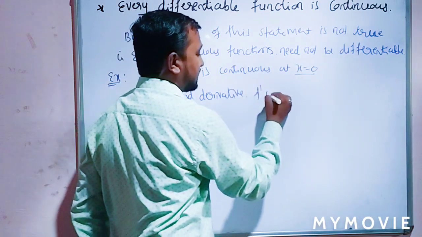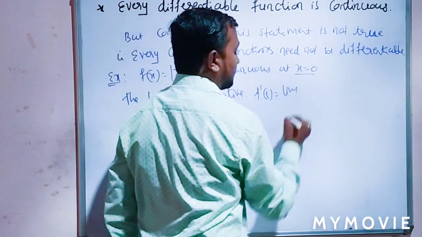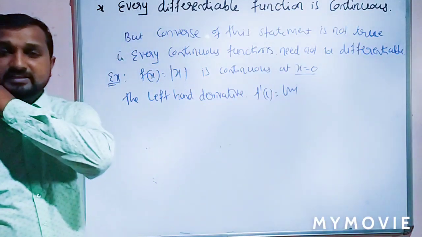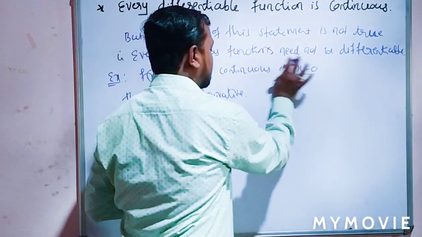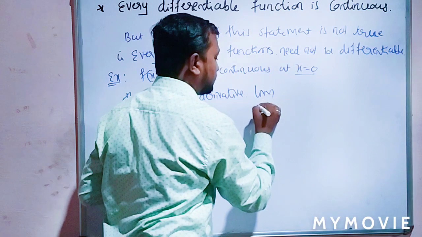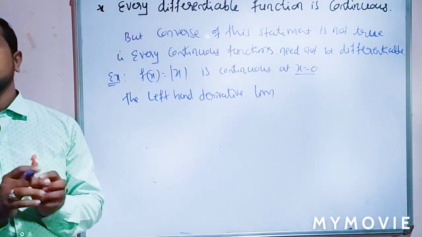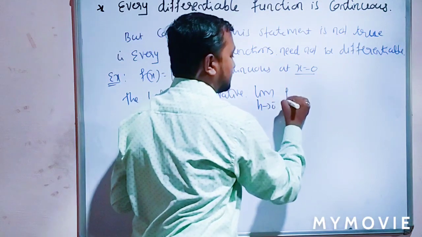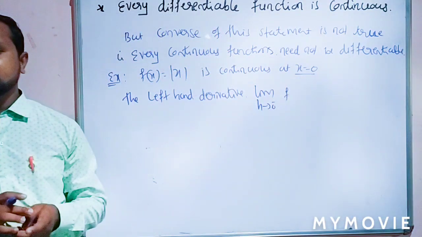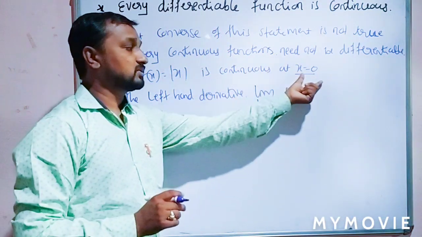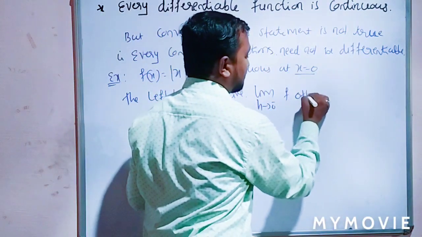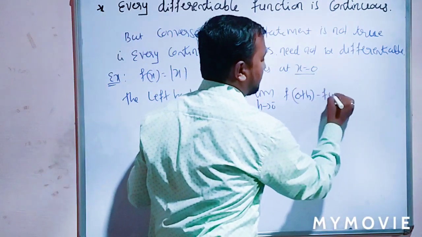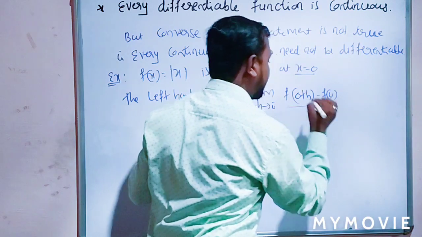f dash of c equal to the left hand derivative, limit of h tends to 0 minus, f of 0 plus h minus f of 0 divided by h.